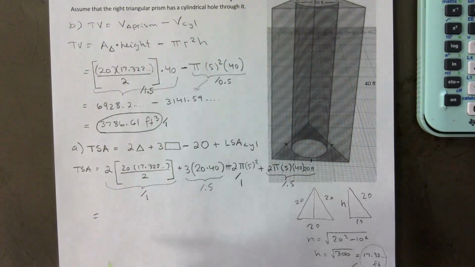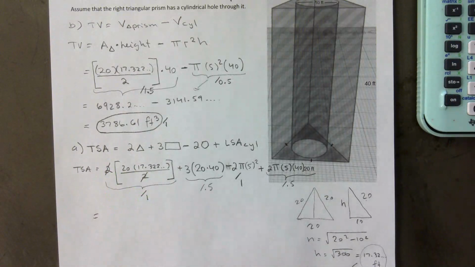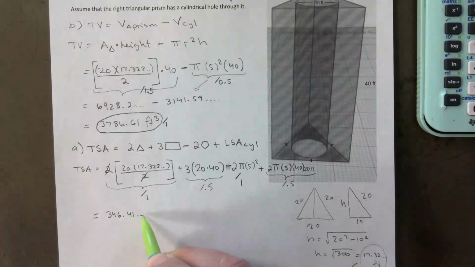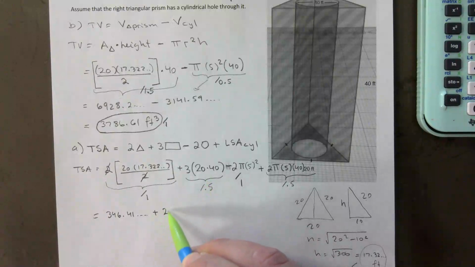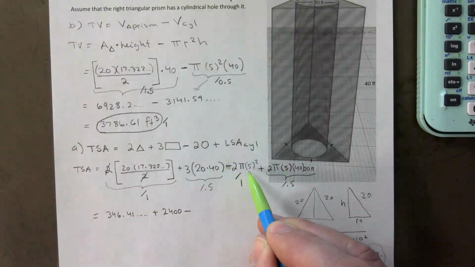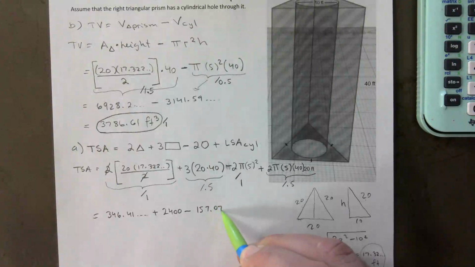So let's clean this up. You can probably tell that this 2 and this 2 can go, right? So that gives you 34.6.41, and that keeps going. Plus, this part right here is 2400. Minus, this is going to be 50 pi, so that's 157.07 something.